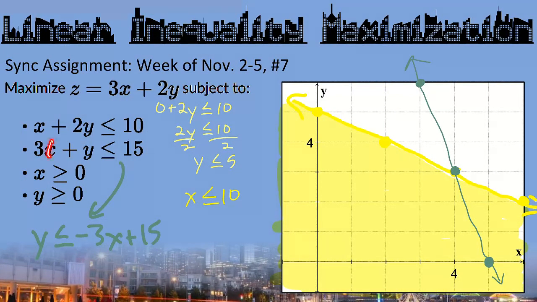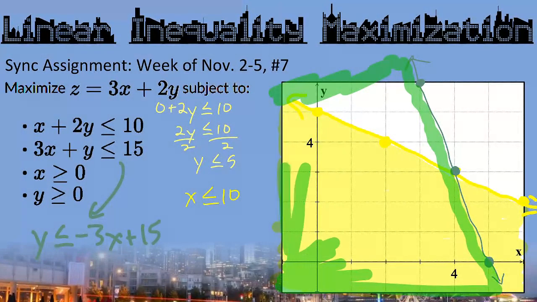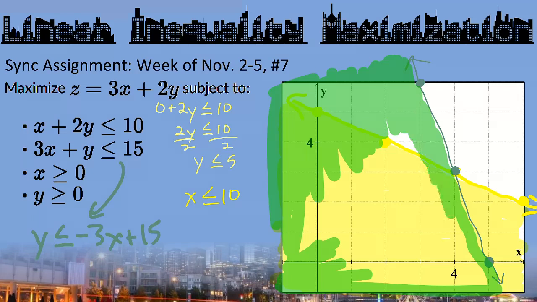And then I can plug in 0 and 0, and this whole side's 0, and 0 is less than or equal to 15. So that means shading below, where the 0, 0 is, is where I need to shade. So I'm going to shade over here because that's where 0, 0 would make that inequality true. And when a point makes an inequality true, then it has to be included in the solution region for that inequality.